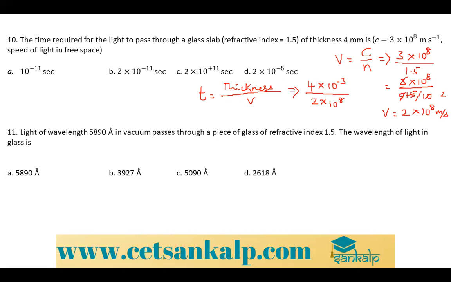So 2 into 10 to the power minus 11. So t is equal to 2 into 10 to the power minus 11 seconds. So option B is the right answer.